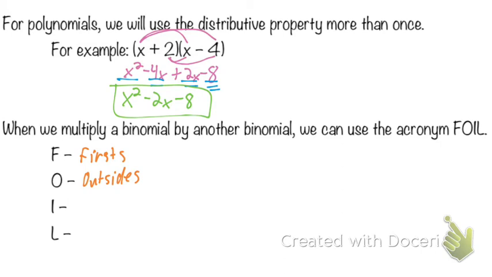The opposite of outsides is insides. You gotta love that when the teacher says the answer to their question. The insides here are going to be this 2 and the x because they're on the inside of these parentheses. They're together. So 2 times x is 2x. And the opposite of first is last.